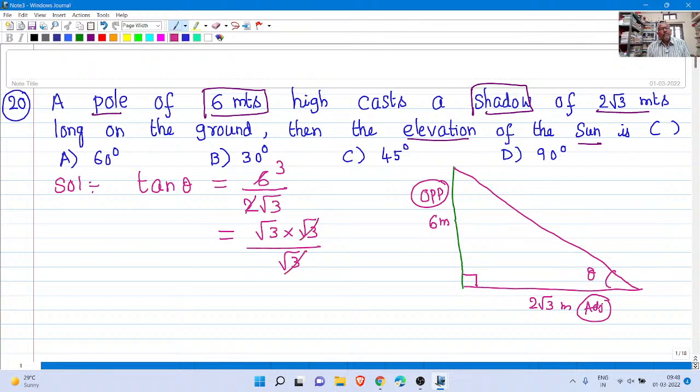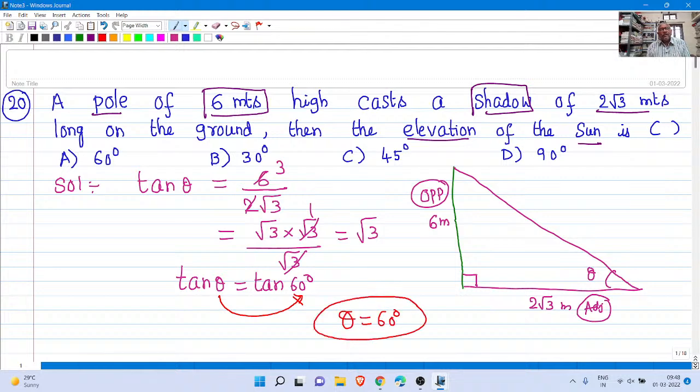So √3 will cancel out, we get √3. So tan theta is equal to tan 60 degrees. So my dear students, here theta equals 60 degrees. This is our answer. Yes, apply tan. Absolutely correct.